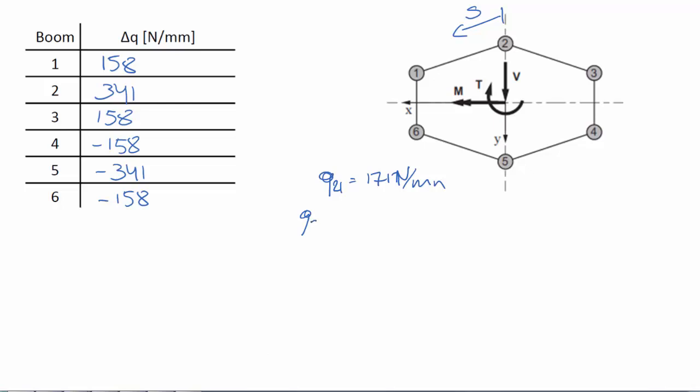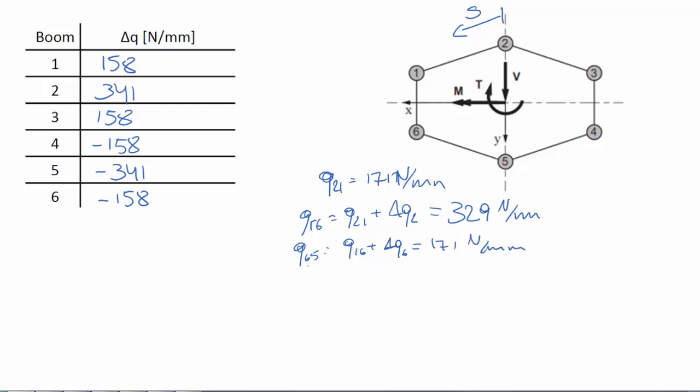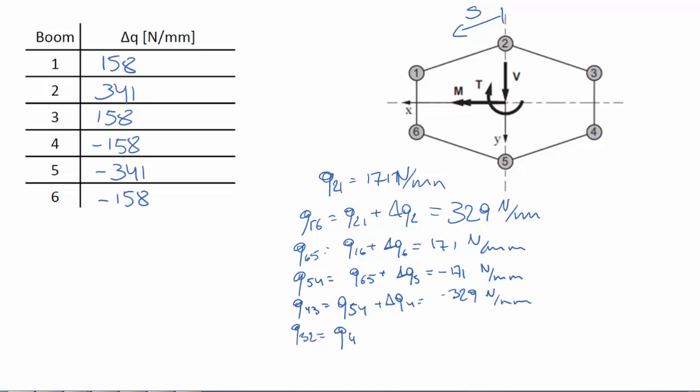Therefore, Q16 is Q21 plus delta Q1, which is 329 newtons per millimeter. So these are all the shear flows in all the sections.